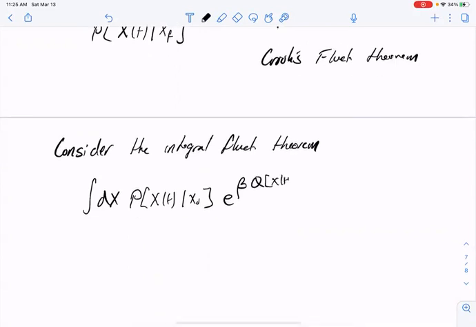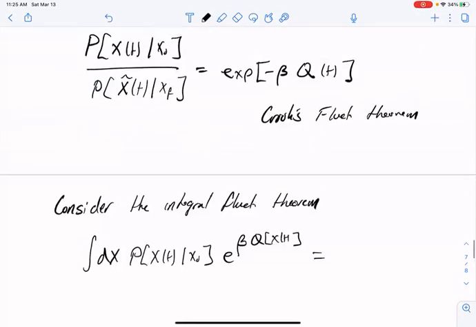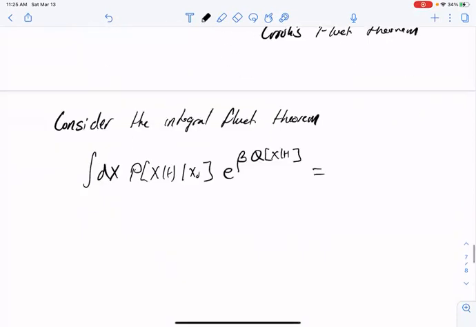It's dependent on that path. Through the Crooks fluctuation theorem, this is equal to the reverse.